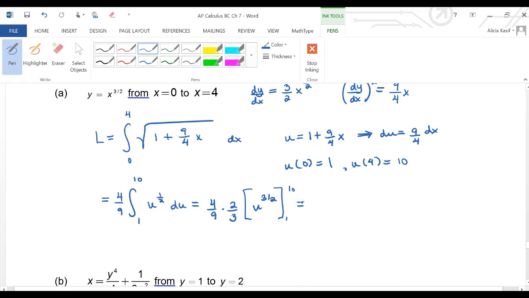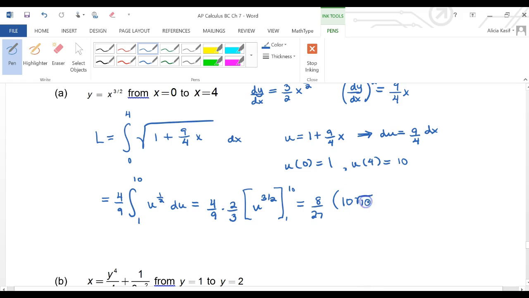And yeah, it does get a little messy in the answer. I just want you to be able to simplify it because this could potentially be a multiple choice question with no calculator. So you want to be able to express this in simplest form. So this will be 8 over 27, but what do we have? Square root of 10 cubed, so that would be 10 root 10.